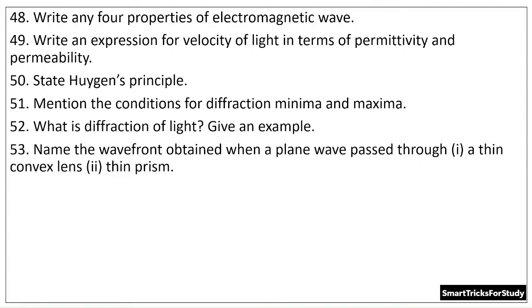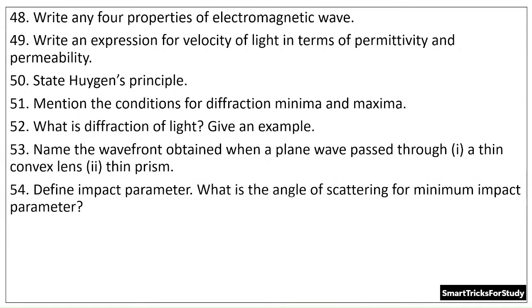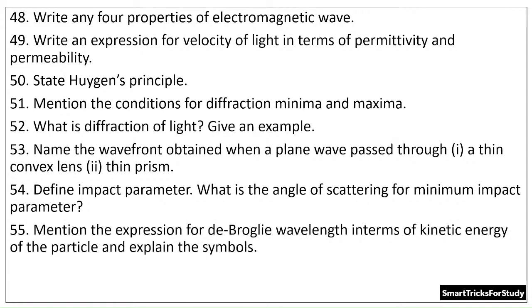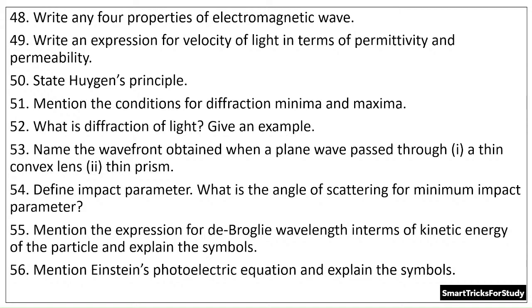Thin prism. 54. Define impact parameter. What is the angle of scattering for minimum impact parameter? 55. Mention the expression for de Broglie wavelength in terms of kinetic energy of the particle and explain the symbols.